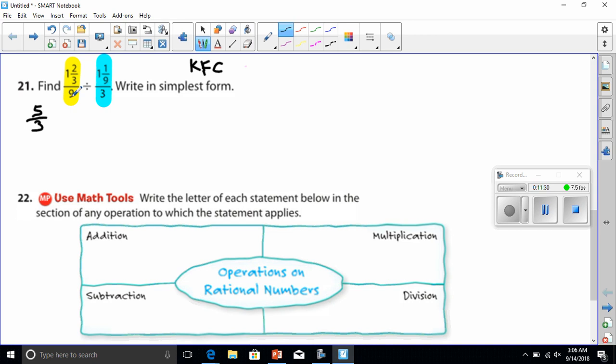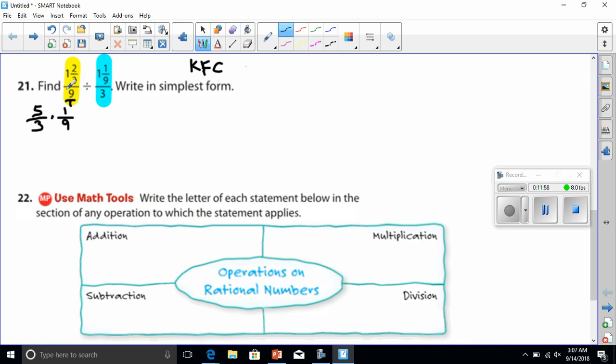Remember, our bottom one now is what we're dividing by, but 9 can be represented as a fraction by putting 1 underneath it. So now when I flip it, it becomes 1 over 9. I'm changing my division sign to multiplication.